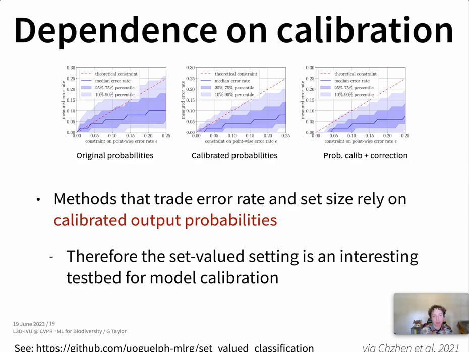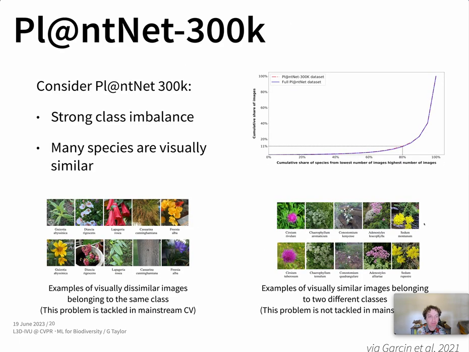However, if we just do a simple calibration of probabilities, we could get our error bars mostly within the theoretical constraint. And if we do an additional correction when we do the recalibration, we can have the bars pretty firmly within the theoretical constraint. So we can actually offer these sort of safety guarantees on the risk with these models. Again, this is the probability that the true class will not fall within our predicted sets.